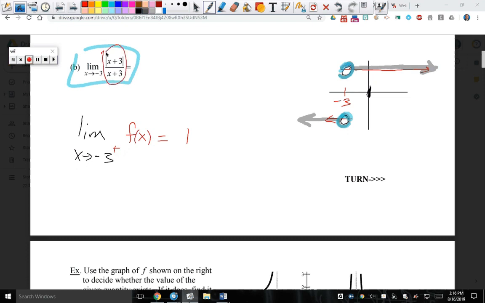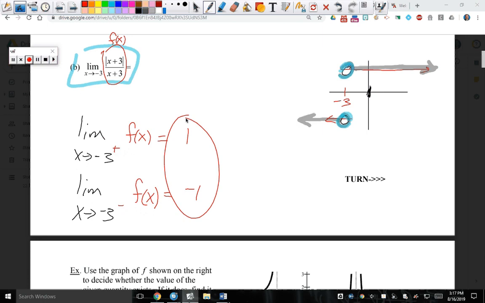So just think that this whole function is f of x. And now, if I approached it from the left, what would the answer be? -1. Are these two the same? No, so the general limit does not exist. There's no ET moment. So we'll put does not exist.